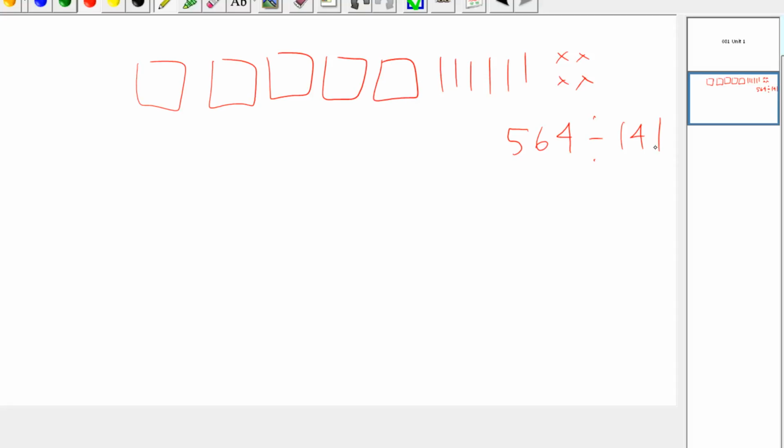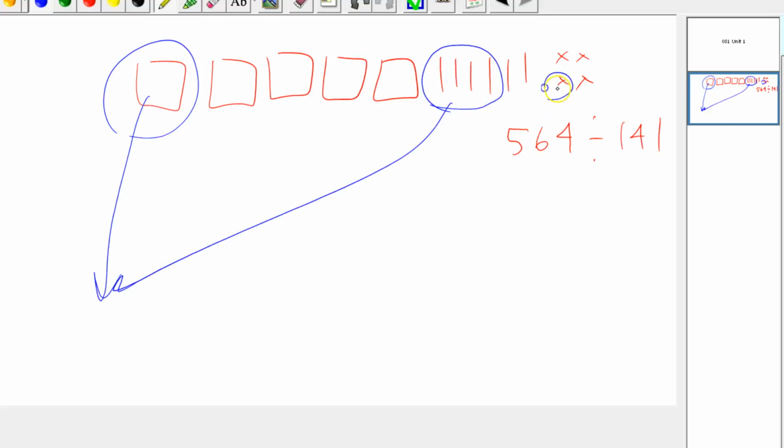This is one where you may want to make the groups of size 141, because we certainly don't want to line up 141 groups. So we need 100, a 40, and a 1. So now we've made one group of 141.